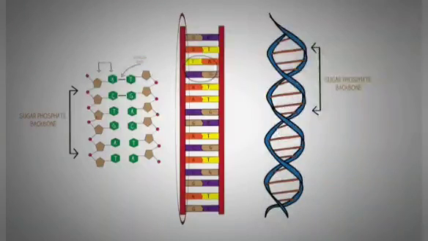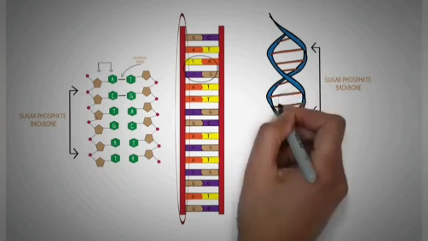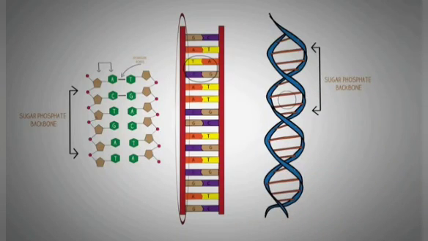So you can compare this structure with a double helix, where the helices of this structure represent the sugar phosphate backbone, and in the center you can see the red lines which represent the different nitrogenous bases that are forming bonds with each other. So this was an introductory video explaining you the structure of nucleic acids.